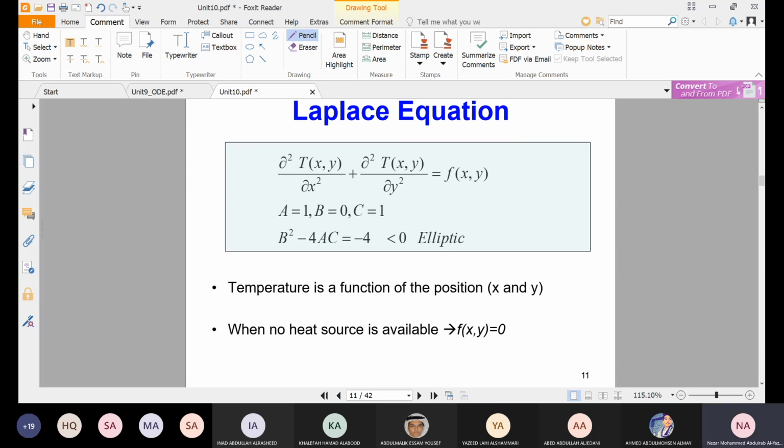So when no heat source is available after we heat this, f of x, y is equal to 0. So we set this term equal to 0 and we can start the solution.